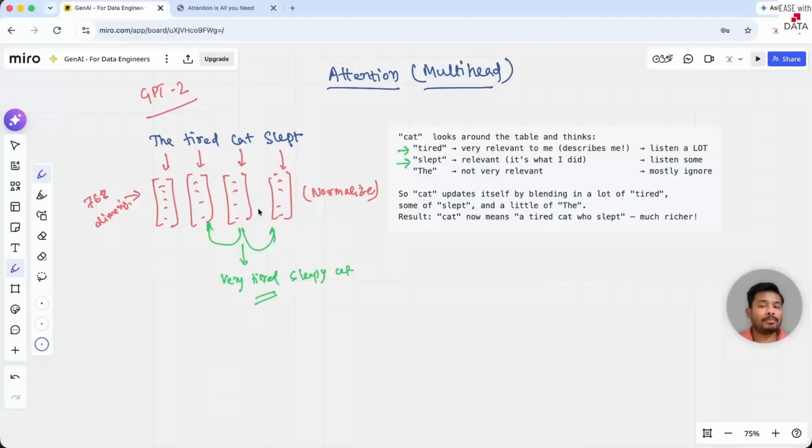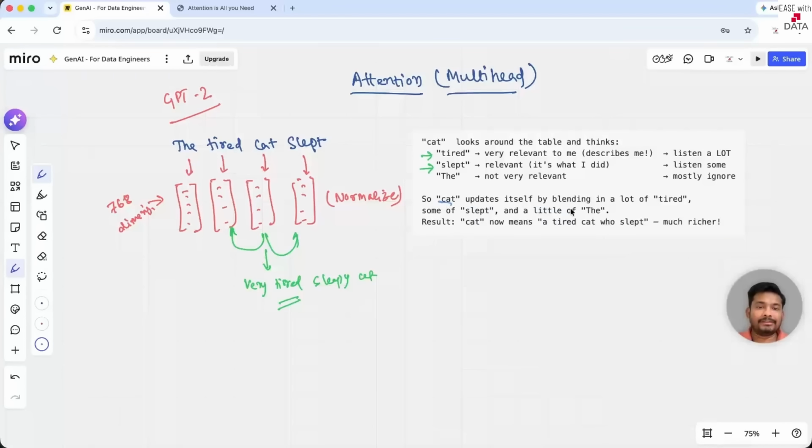It would no longer be a generic one; rather, it would be a more specific one which represents a very tired, sleepy cat. So the cat would update itself by blending a lot of tired, some of slept, and a very small amount of the. The cat would add some embeddings which have a higher value for tired, a little lesser for slept, and very little for the. This is how this embedding will get updated, and this is how attention works.